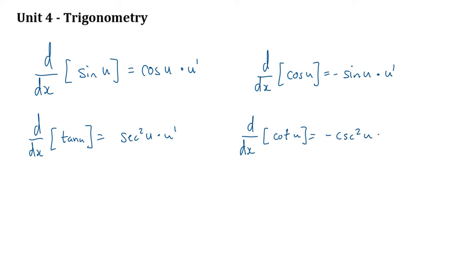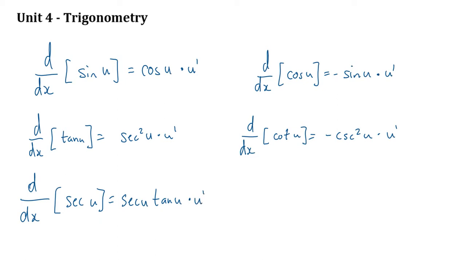There's a lot of similarities between all these different ones that you can use, patterns sort of that you can use to remember them. And the last one is for secant. Remember what that is? It's secant times tan, again, times u prime.